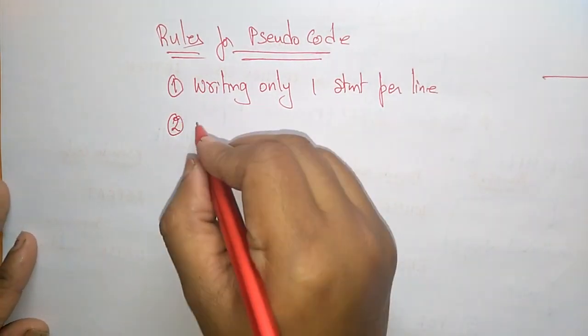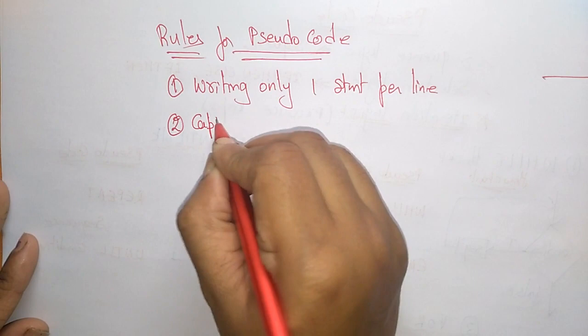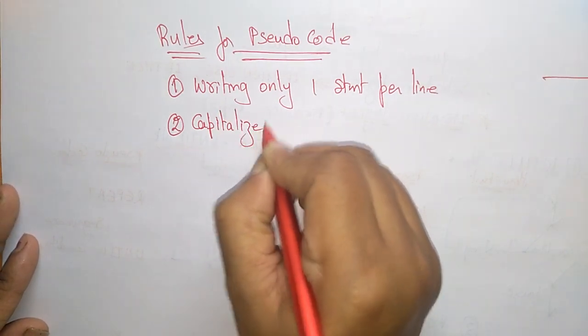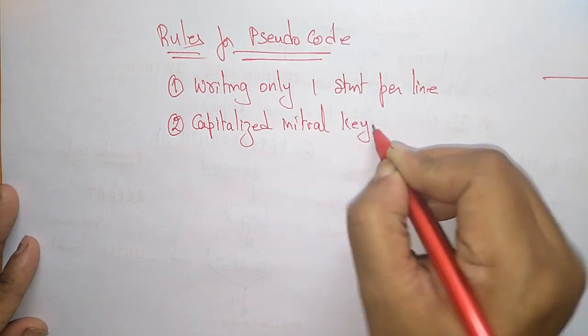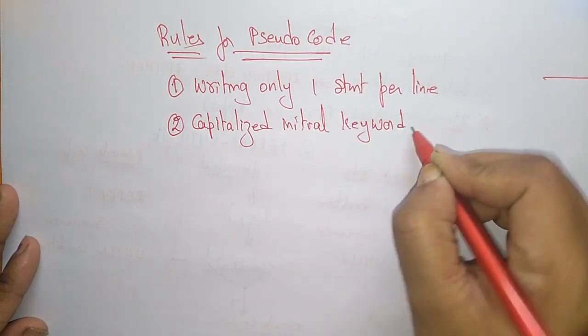The second rule is to capitalize the initial keywords. Whatever the initial keywords are, they should be capitalized.